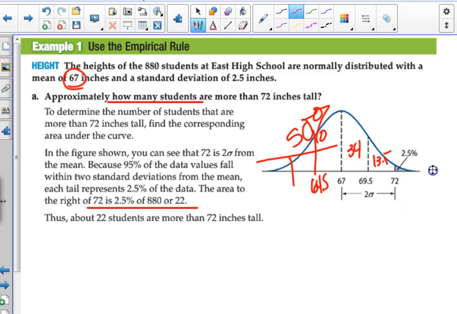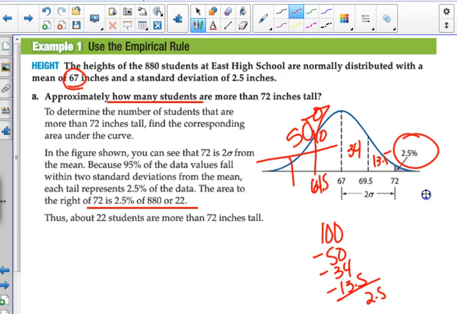So what is above there would be the rest. How much of the percent is that? Take off the 50, the 34, the 13.5. That's going to be the 2.5, is that right? That's where they got that number. Left up above there is 2.5%.